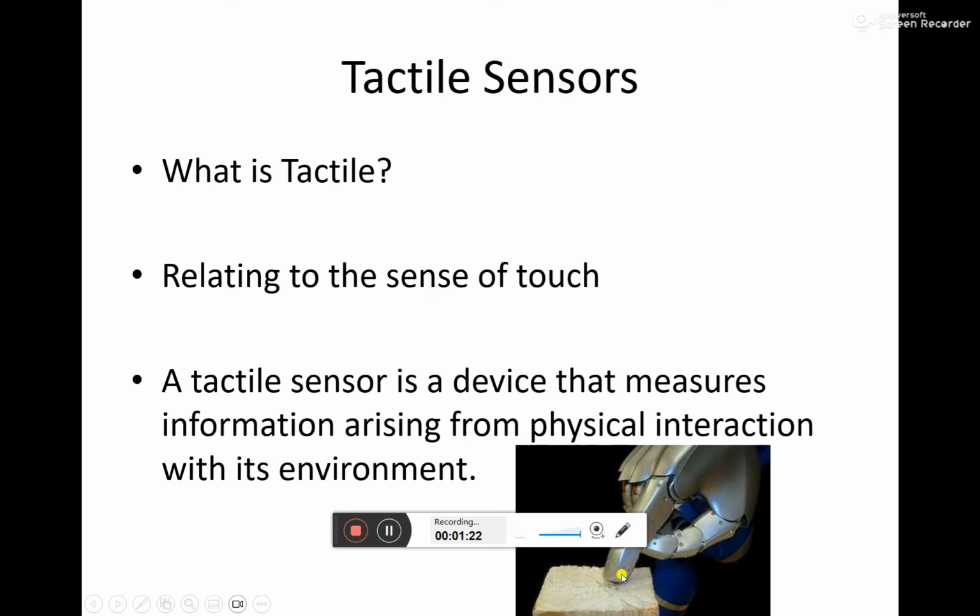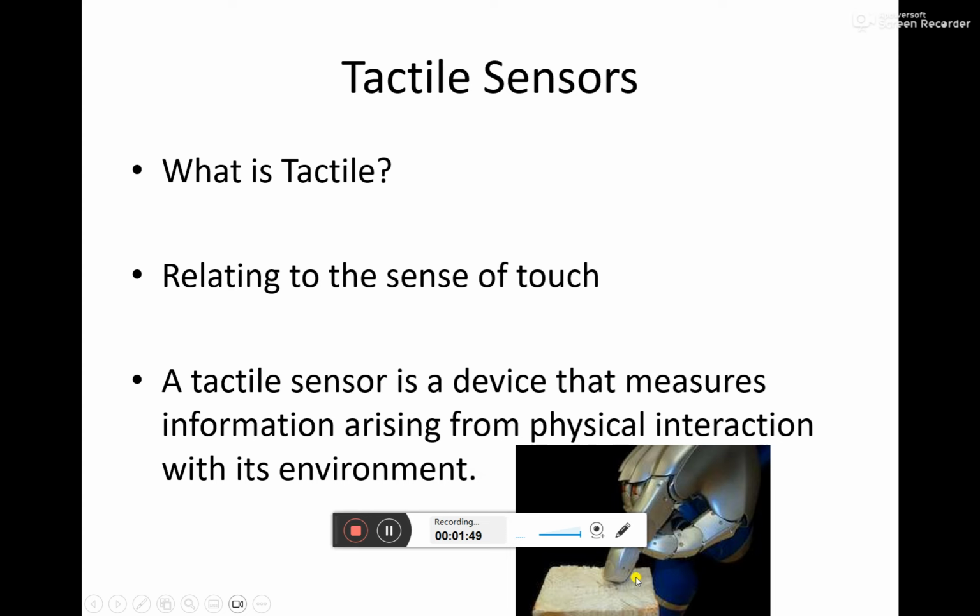Whenever you are touching that surface, the sensors will identify, with this touch, how much the surface hardness is, or whether it is smooth or harder, from physical interaction.